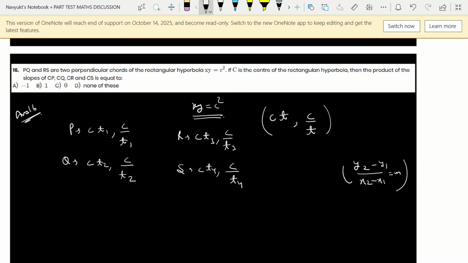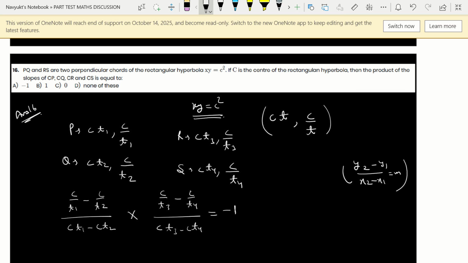So the PQ line, how much slope would it have? c by t1 minus c by t2 upon c t1 minus c t2, into c by t3 minus c by t4 upon c t3 minus c t4, should be minus 1, right?